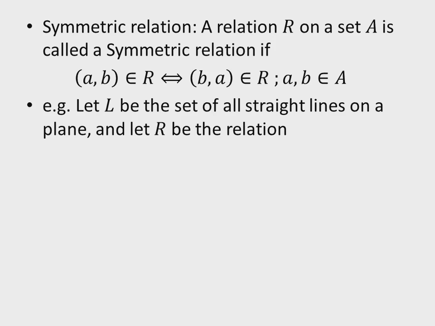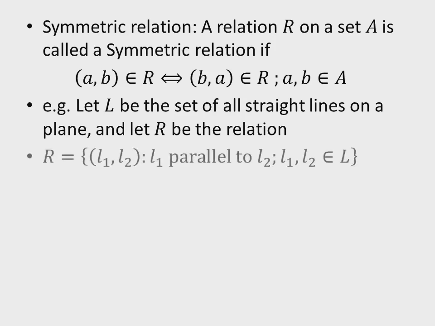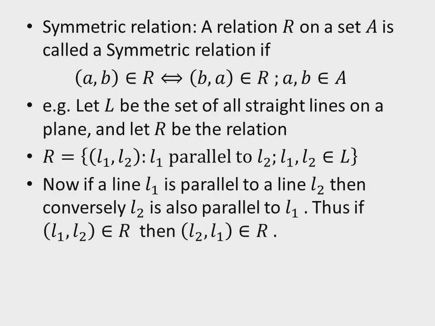Let L be the set of all straight lines on a plane, and let R be the relation defined on the set L in this way: L1 relates to L2 if and only if L1 is parallel to L2. Means a line relates to another line if they are parallel to each other.